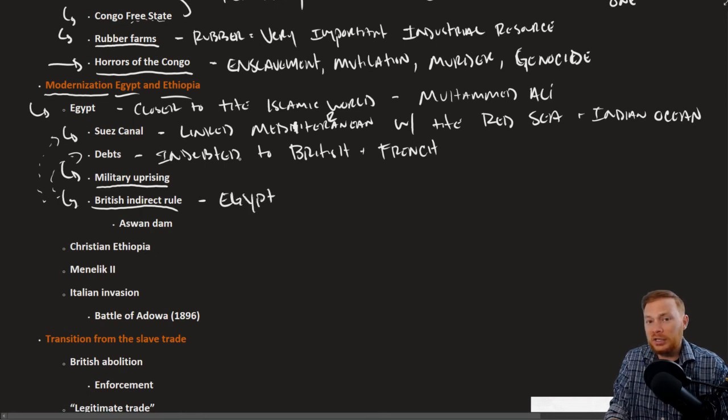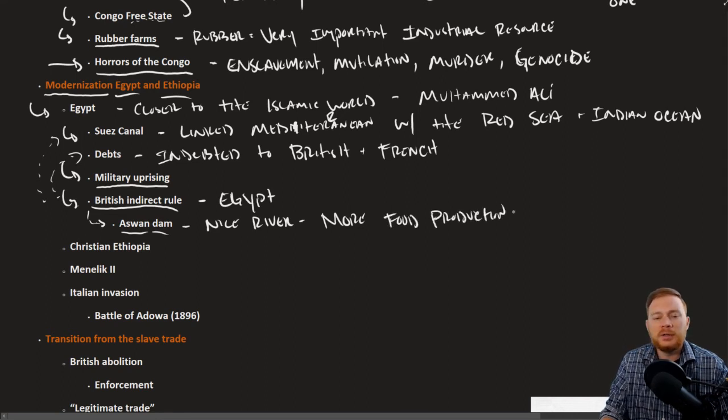And much like in a lot of other British colonial possessions, they invested in Egypt, building the Aswan Dam, which dammed up the Nile River. Essentially it allowed for more food production, and actually cotton is very important too, right? Not just food, but cotton that was grown there. The British used the cotton in their industrial factories, and simply the fact that they were able to control the Nile River by damming it up.